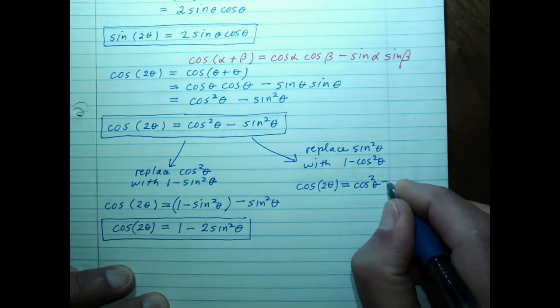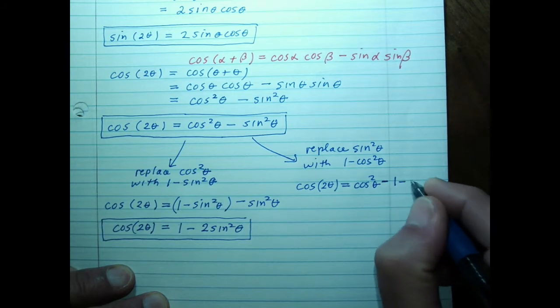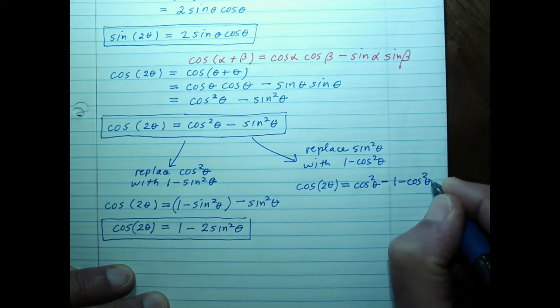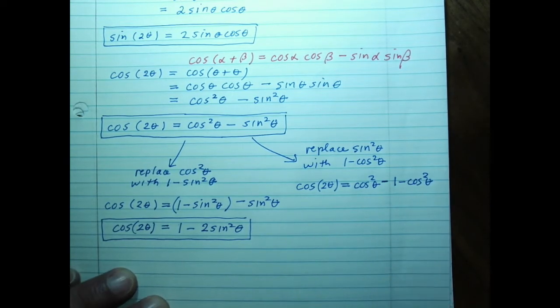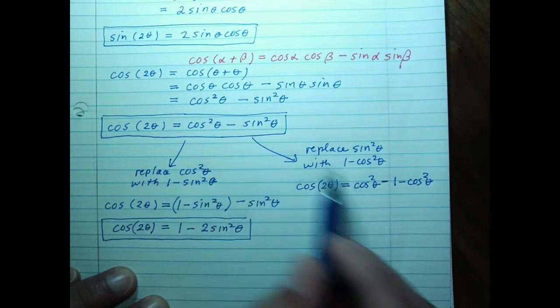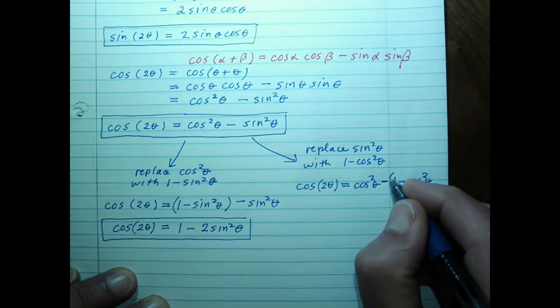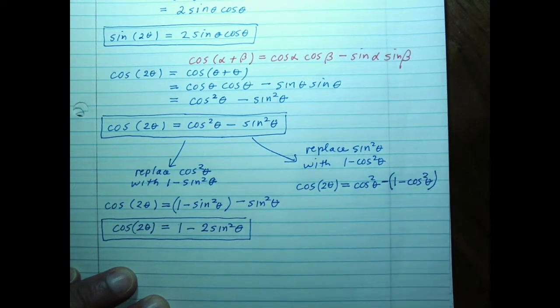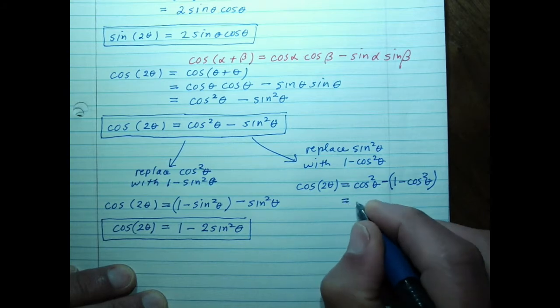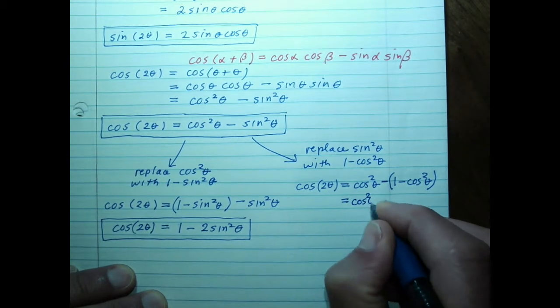Now I got a minus sign. 1 minus cosine squared theta, I'm going to write. And the tricky part here is we're replacing sine squared with this quantity, and because it comes behind a minus sign, I need to group that together, and I'm going to have to distribute the minus sign.